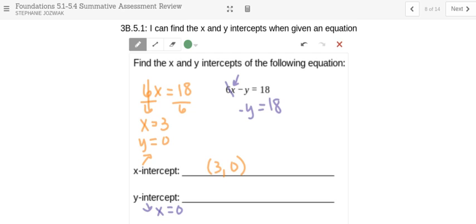It's going to be really important because we have to remember there's actually a negative 1 in front of there. And so when we go to solve this, if we divide both sides by negative 1, we get that y is equal to negative 18. And so our coordinate point is (0, negative 18). Anytime we have an equation that's in standard form, finding the x and y intercepts is super easy. So that's why that's what we did here.